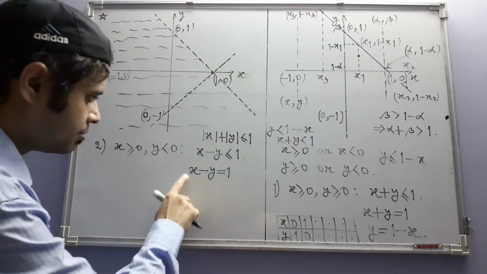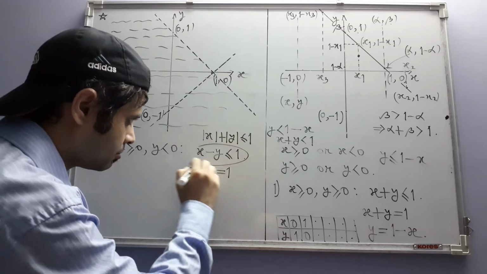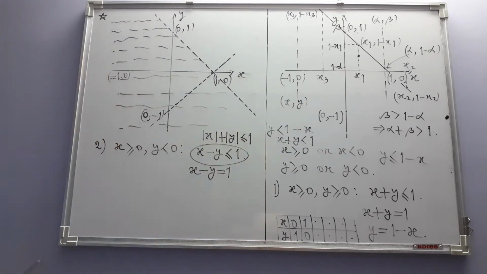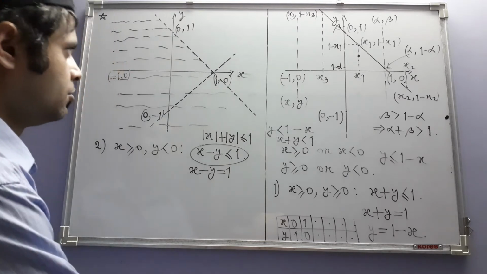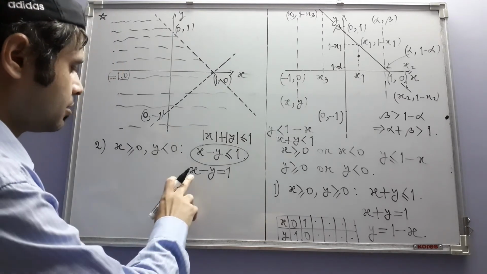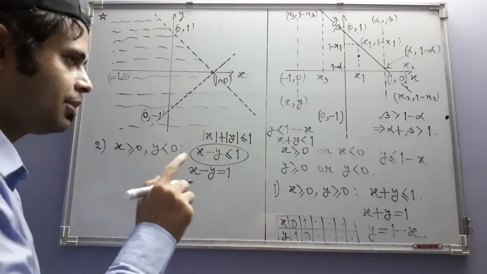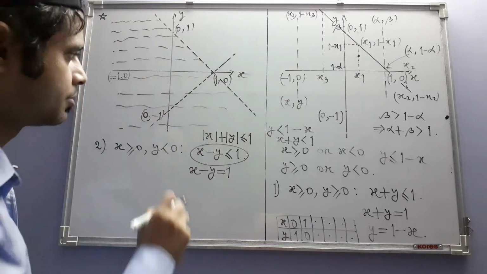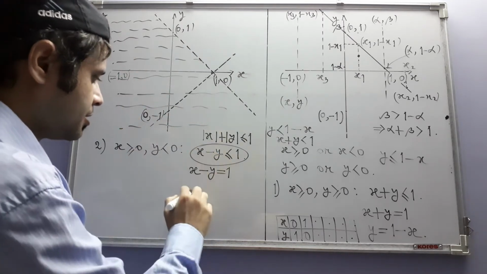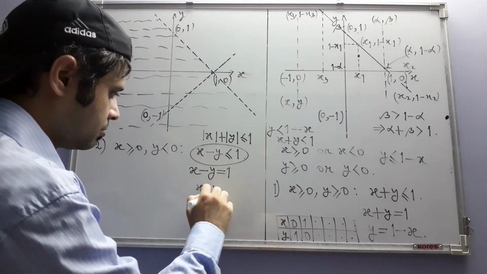But what will this region be? Which side of the straight line should we take? For that, you just identify one point that will satisfy this inequality.